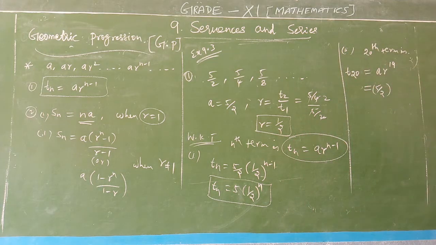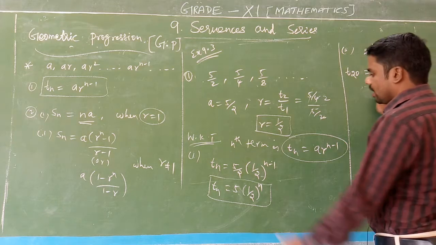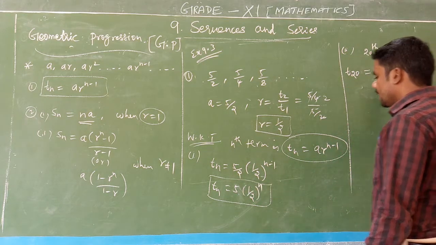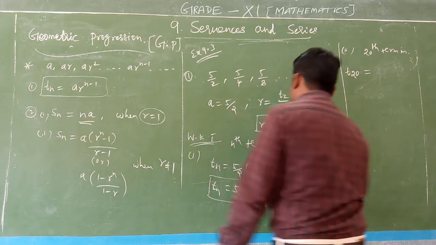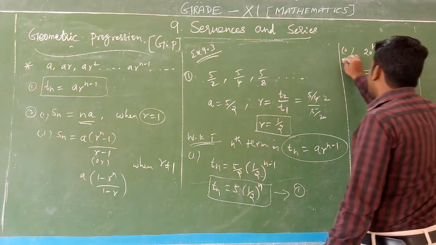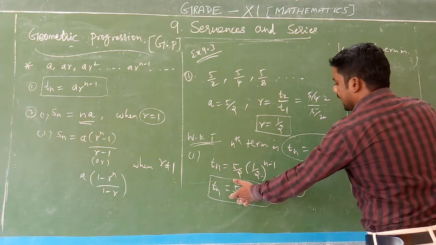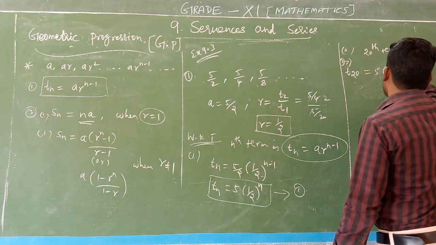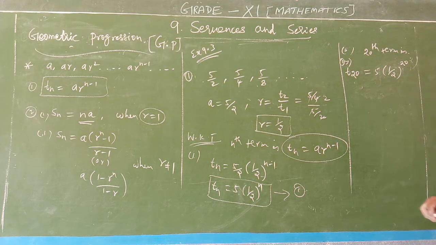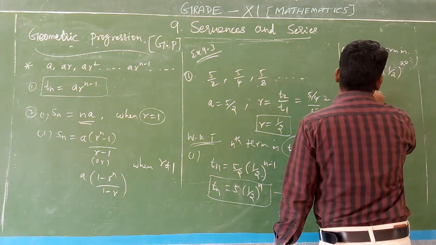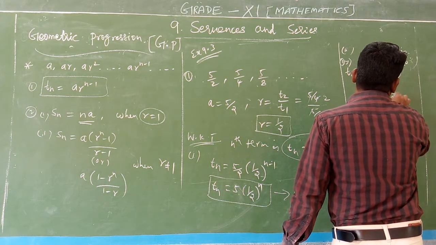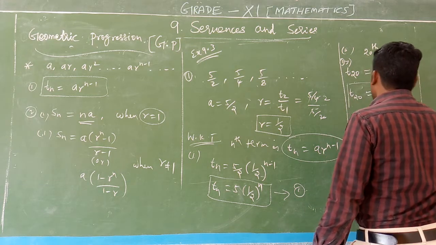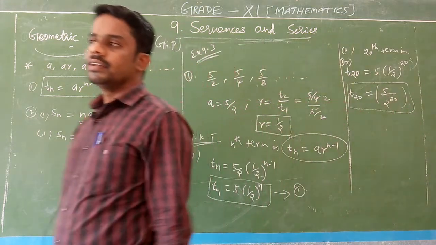We know the nth term is 5 into 1 by 2 power n, equation number 1. Substitute n equal to 20 in equation number 1. So T20 equals 5 into 1 by 2 power 20. This is the 20th term of the given geometric sequence.